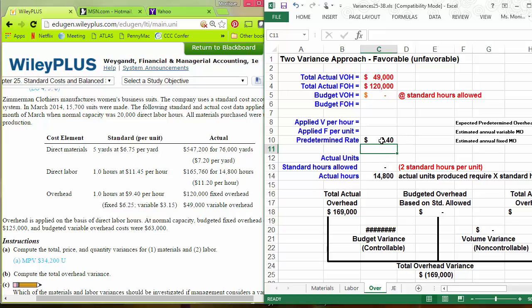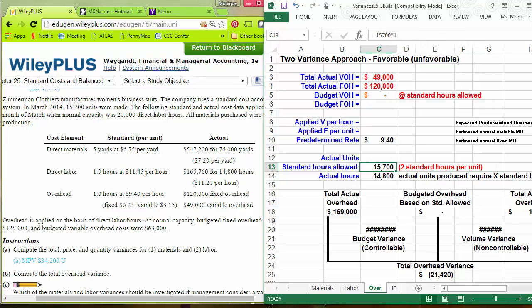And that $9.40 is going to be multiplied by the standard hours allowed. So again, that 15,700. And we have our 1 hour standard, so multiply that by 1. So we're allowing 15,700 hours.